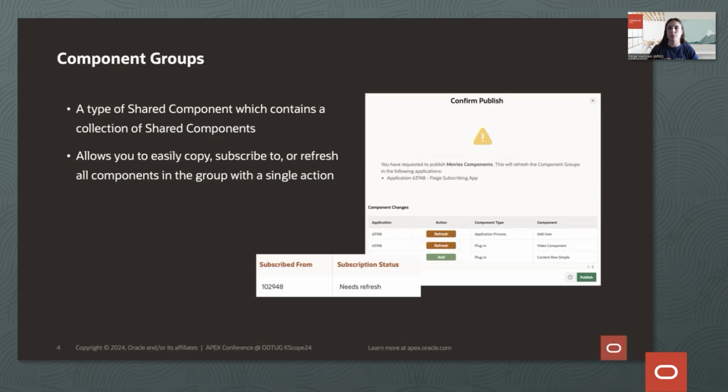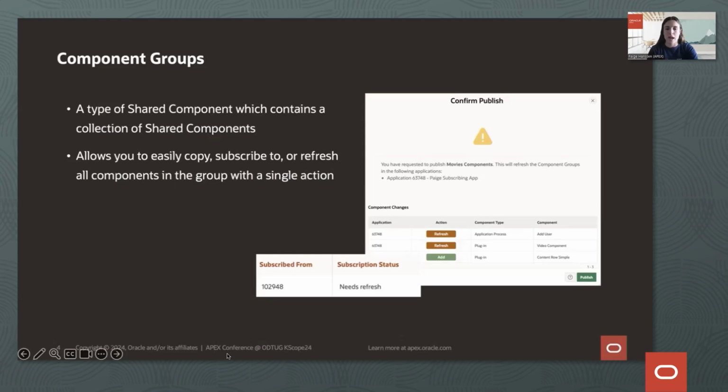And so instead of subscribing to individual components in applications, you can create this component group and subscribe to that one group. And then from there, go ahead and refresh, push out changes all within a single action. So the component groups is like the simplified version of subscribing to all these different components in an application.